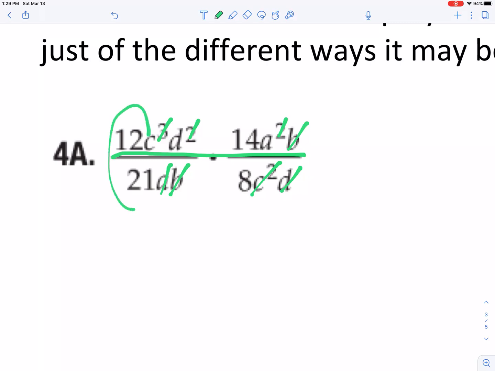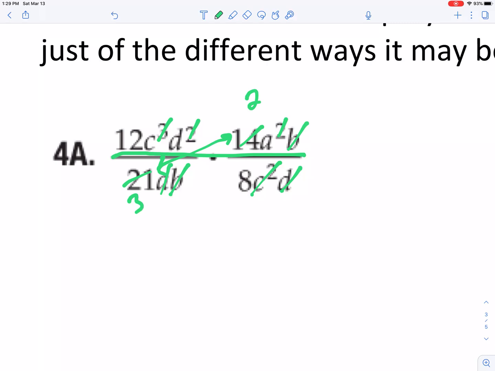Sometimes it's easier to simplify it this way first, which in this case, like the 12 over 21, it doesn't simplify. But sometimes if you look, they'll conveniently match diagonally, like the two different fractions is what I'm trying to say. Like I noticed the 14 and the 21 both divide by 7, which would give me a 2 here and a 3 here.